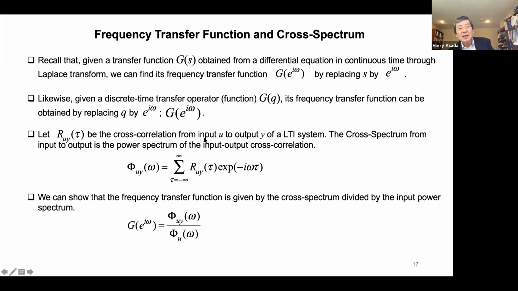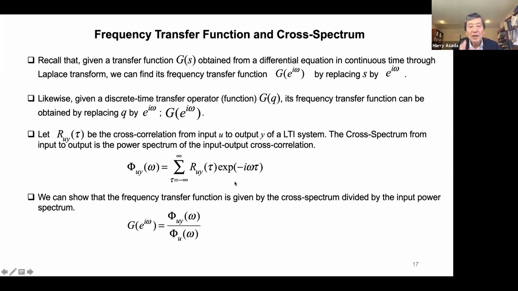It is the discrete Fourier transform of the input to output cross correlation R_ui. I have two typos here. Maybe I'm sluggish on this page, so sorry about that. I'll clean up all these typos and then post the correct one soon.